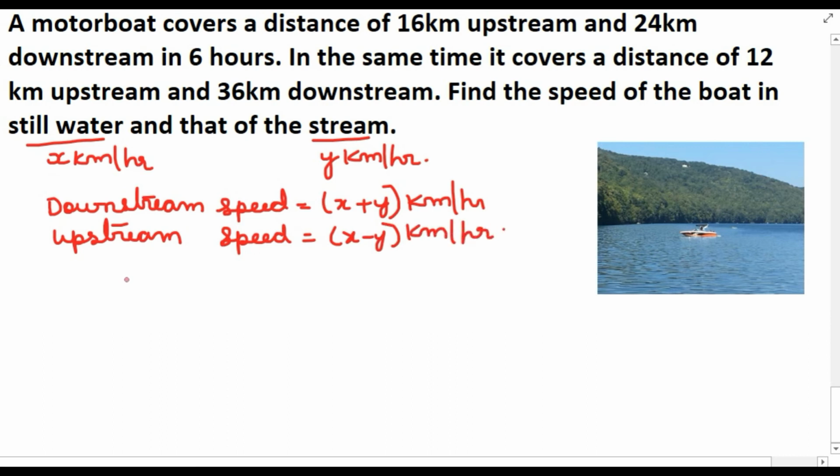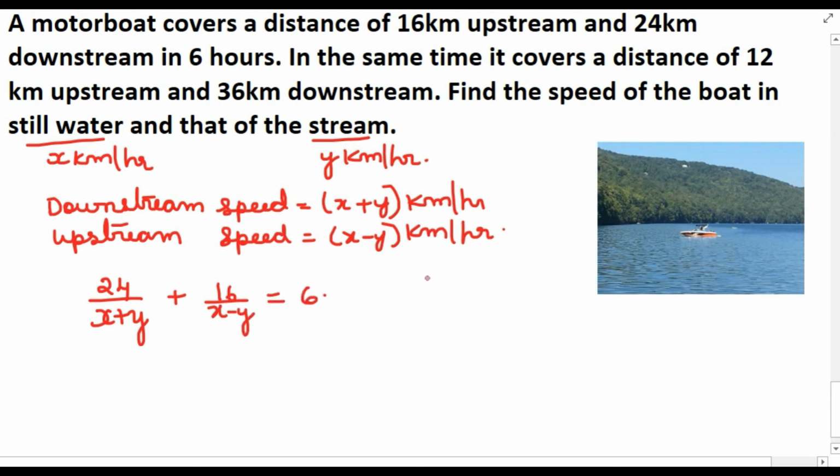Now we need to frame the equation. A motorboat covers a distance of 16 km upstream and 24 km downstream in 6 hours. So distance by speed will give you time. Downstream it is taking 24 kilometers. So 24 divided by x plus y plus 16 divided by x minus y equal to 6 hours.